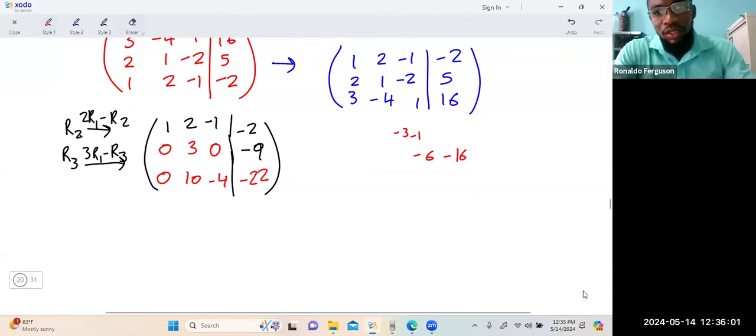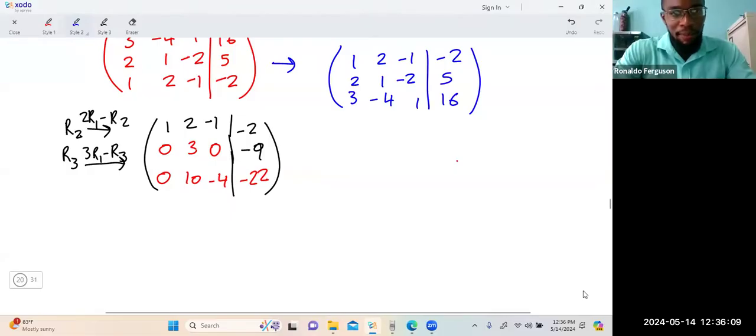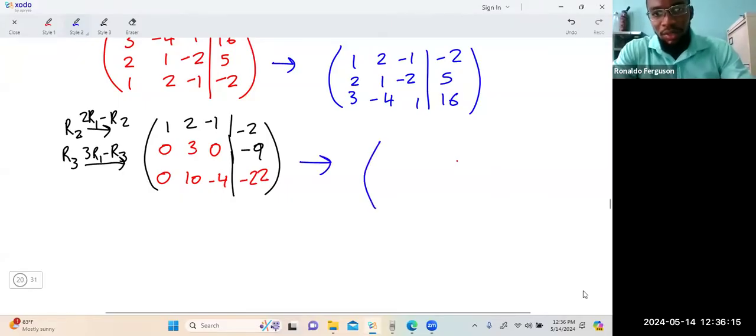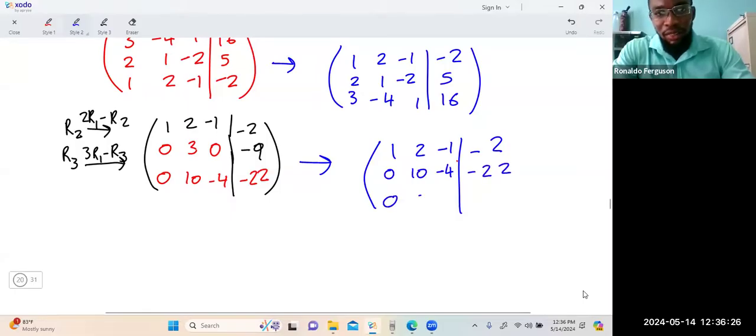They say you use row reduction, so naturally we already said that y should be minus 3, but just to continue, we need to get a 0. Well, you know what? I'm going to switch it again. I'm going to switch this to become 1, 2, minus 1, minus 2, 0, 10, minus 4, minus 22. Then I have 0, 3, 0, negative 9.